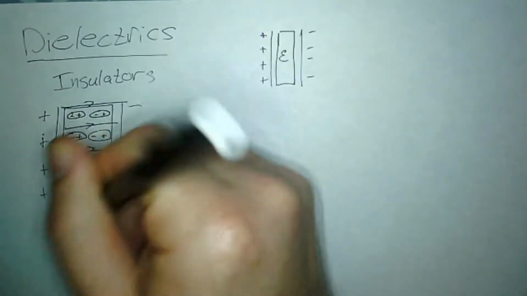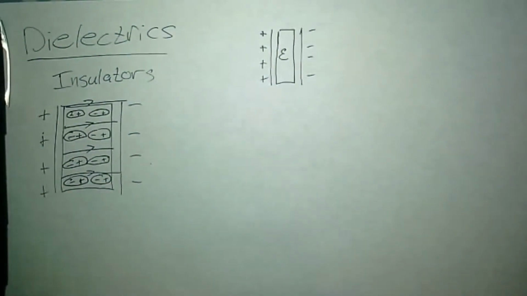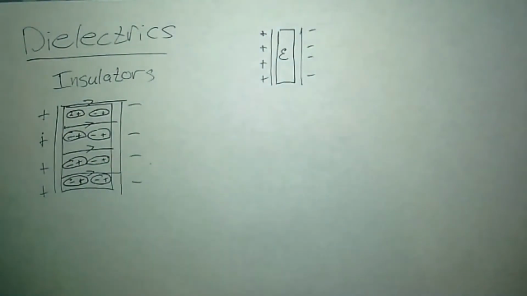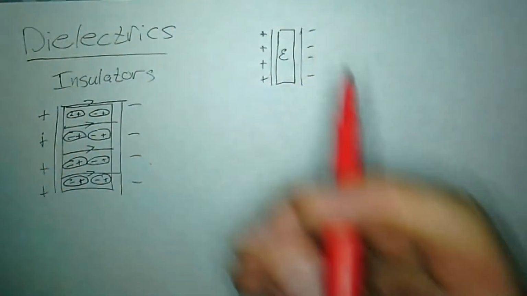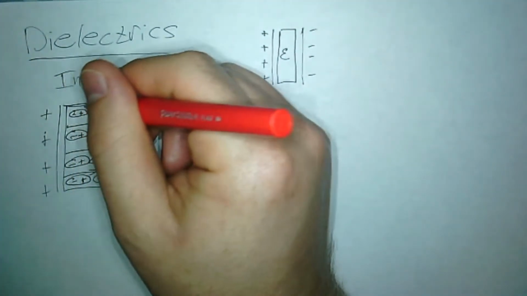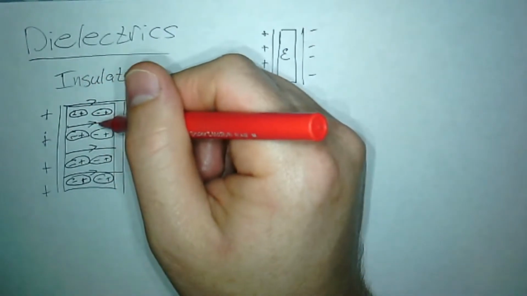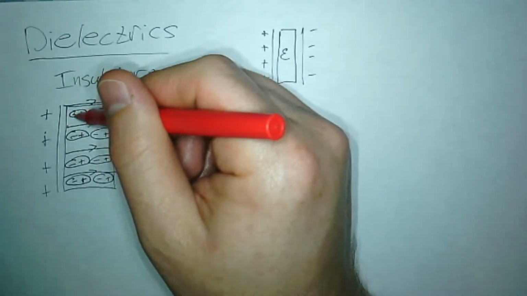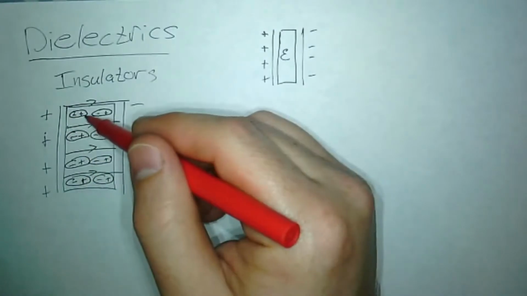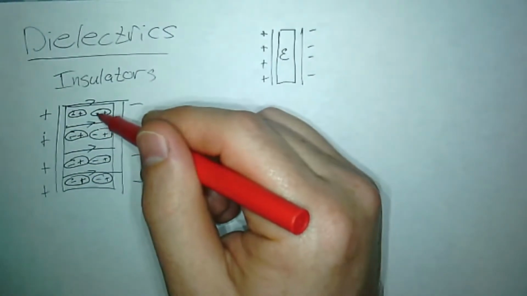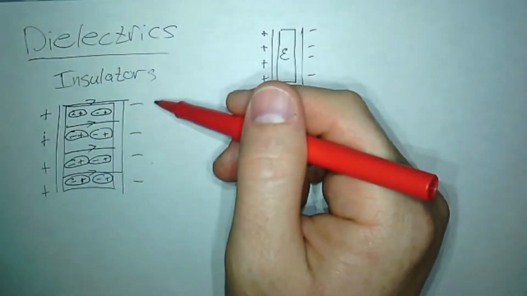But what about inside of our little dipole pairs? Because our insulator gets polarized by the electric field, right? The negative charges get pulled to that side, and the positive charges get pulled to that side, and the negative charges get pulled there, and the positive get pulled there.